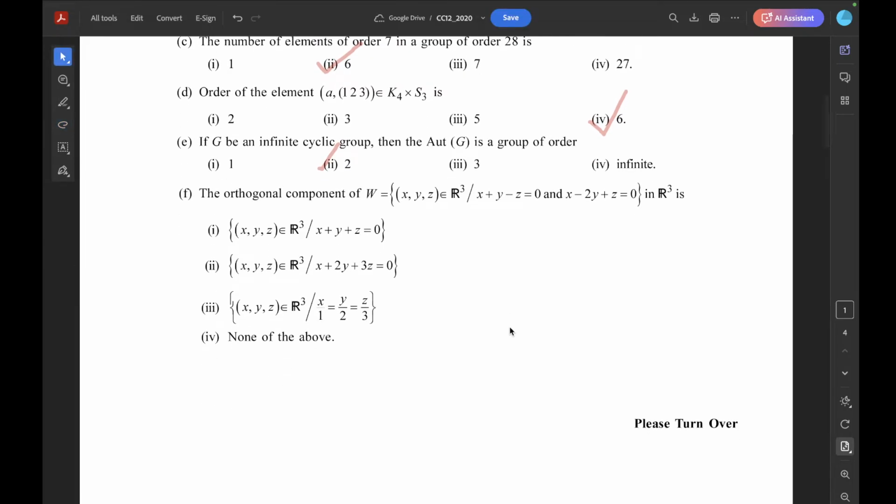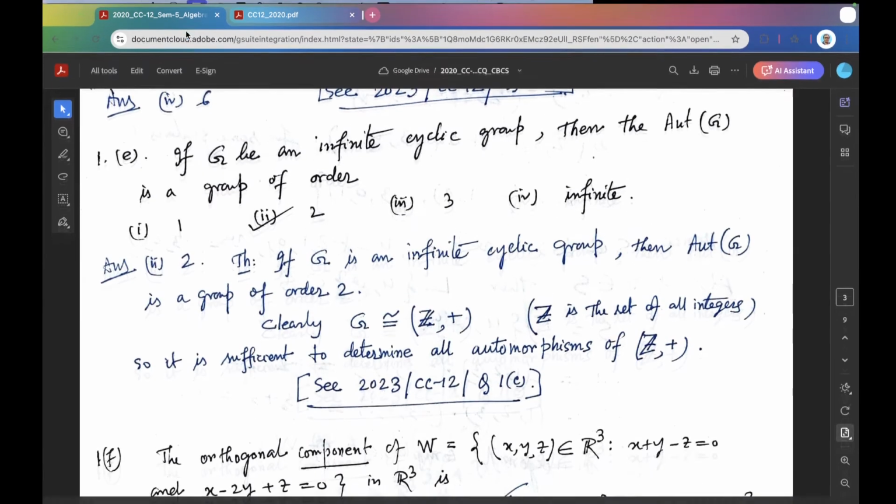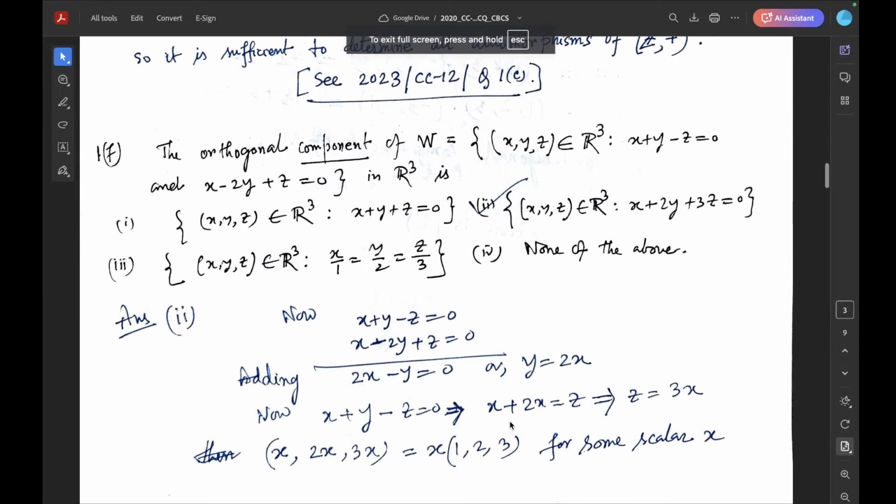Question F. The orthogonal complement of W, equal to the set of ordered triplets (x, y, z) belonging to R3 such that x plus y minus z equal to 0 and x minus 2y plus z equal to 0, in R3 is what? Correct option is 2.